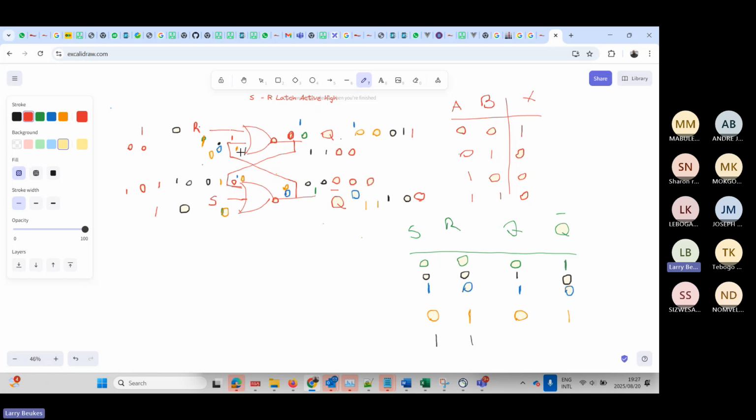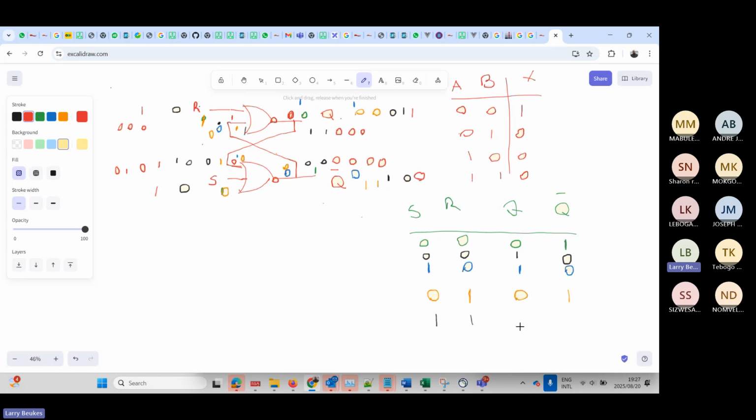We move this 0 here. 1 and 0 is going to give us a 0 again here. 0 here. 0 and 1 will give us a 0. So you see our final state is the same. We're going to get 0, 0. 0, 0 is invalid.